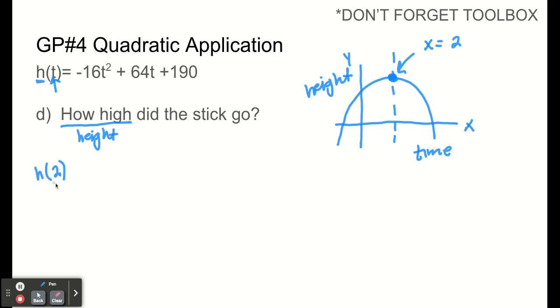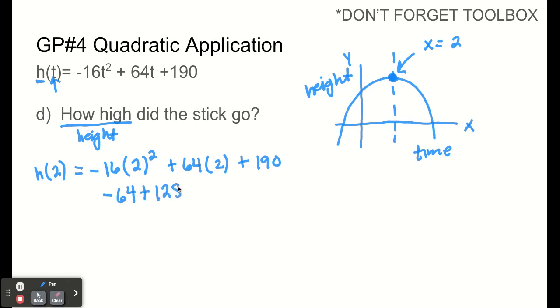So now we're looking for the height at 2 seconds is equal to negative 16, substituting 2 in for t. Go through and simplify this. 2 squared, remember order of operations, always do your exponents before you multiply. 2 squared gives us 4. 4 times 16 gives us negative 64 plus 128 plus 190.